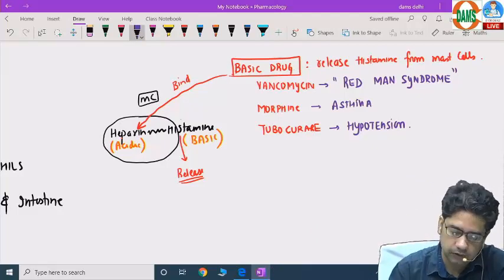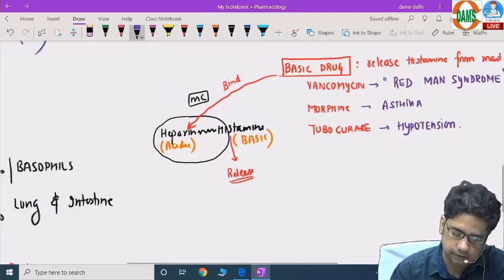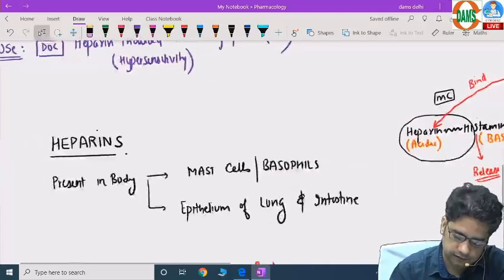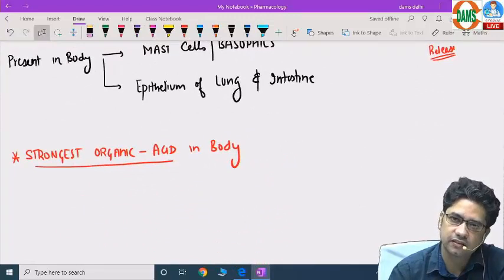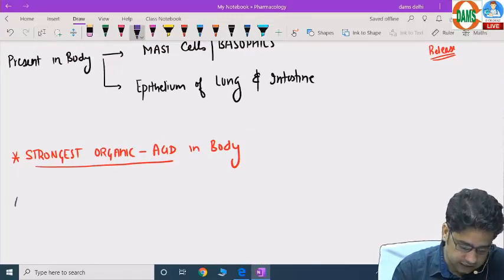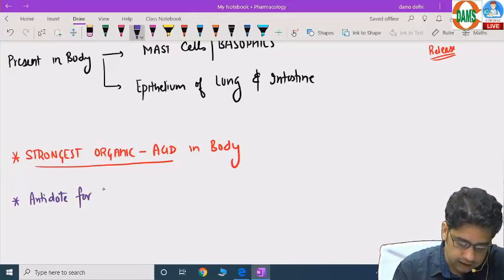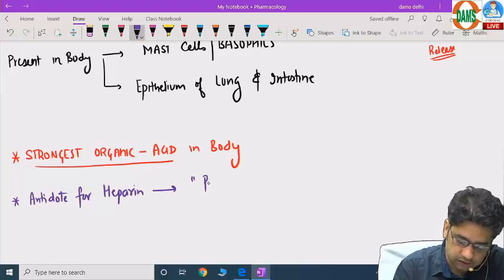Second concept I want to tell you now on this part only. Let's come back: heparin is the strongest acidic substance in our body. So what is the antidote for heparin? If there is bleeding from heparin, the antidote will be protamine sulfate.